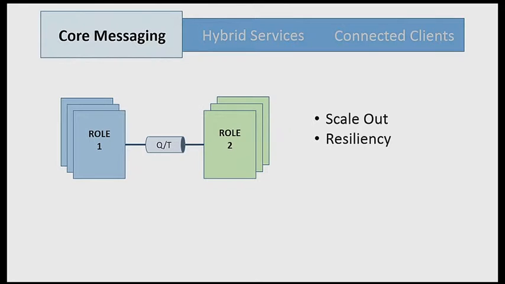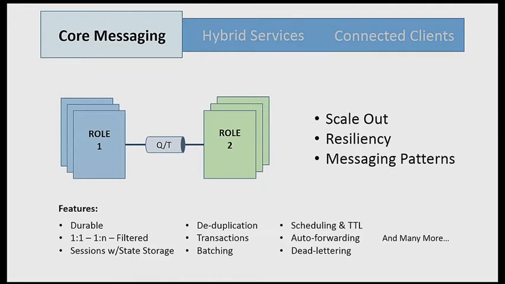So core messaging, the idea is you have 2 components, 2 roles, and you want to scale each one individually. You want to have a resilient solution. So if, let's take a retail example, you place an order and the backend or the warehouse application is currently down, messages will just wait there in the queue and be picked up later on.